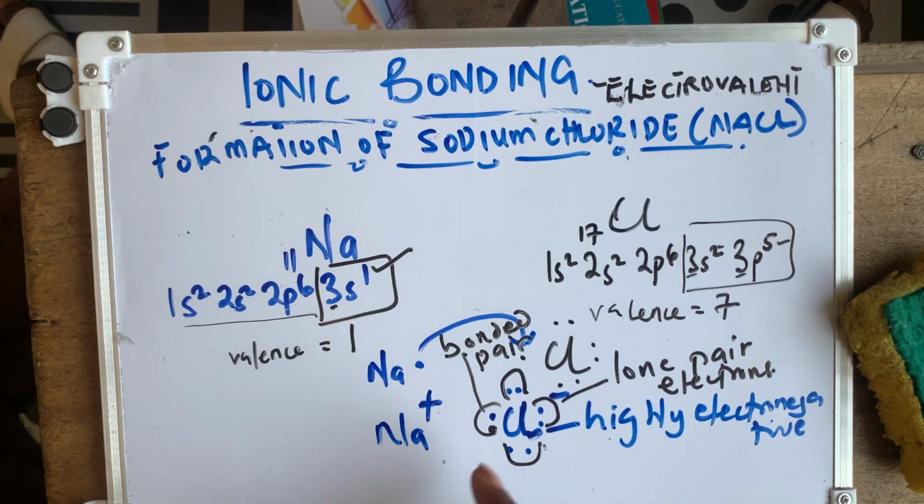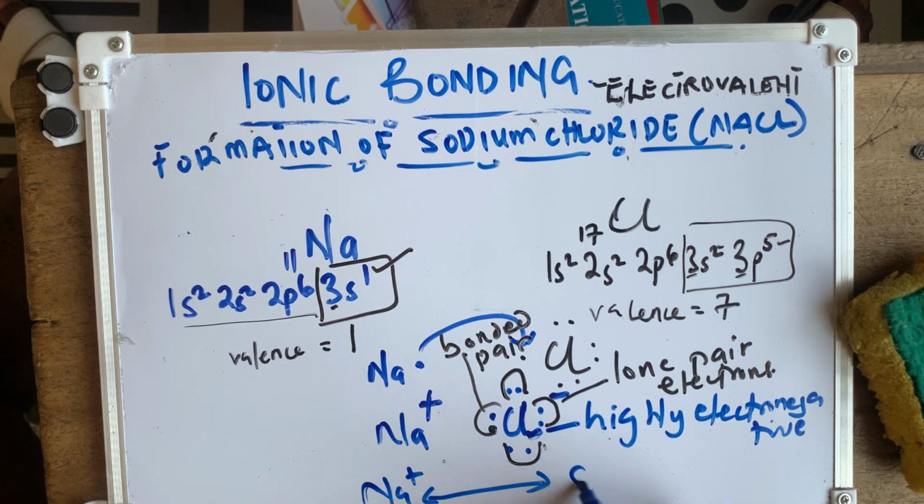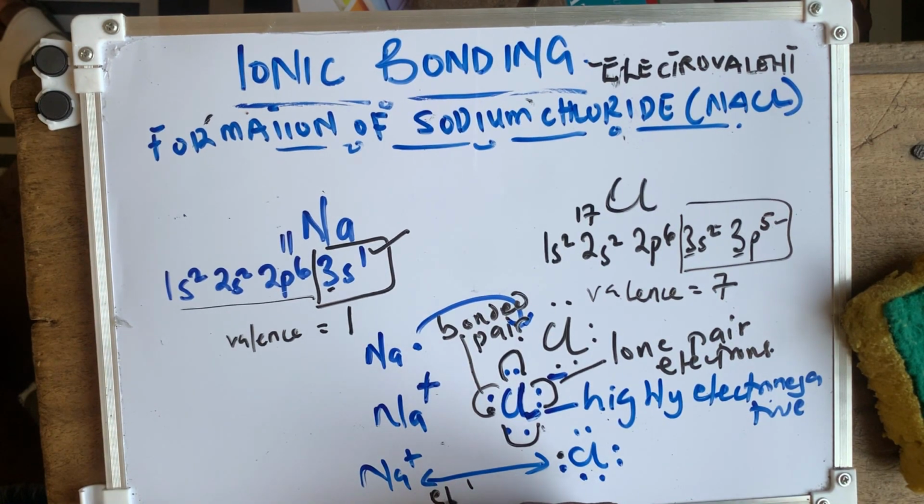So now what happens here is that because chlorine is highly electronegative, the chlorine pulls the bonded electron more onto itself. And when that happens, it creates what we call electronegativity difference.